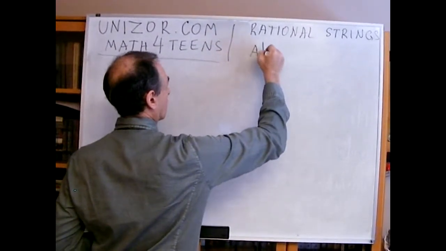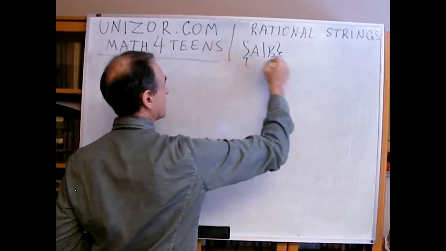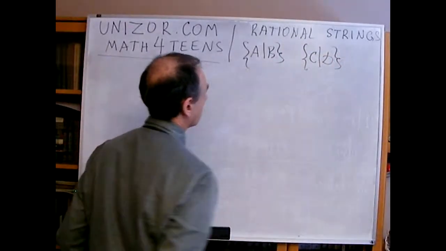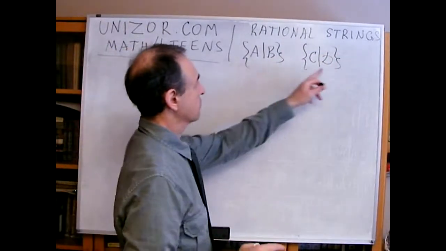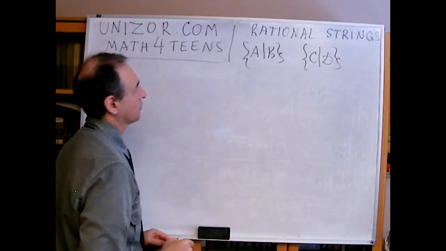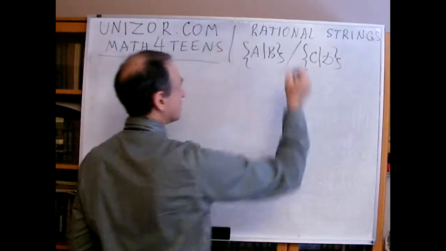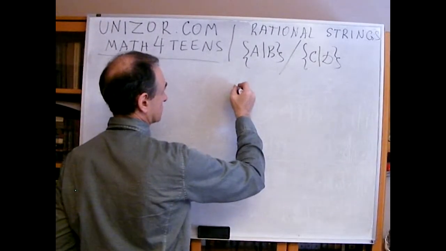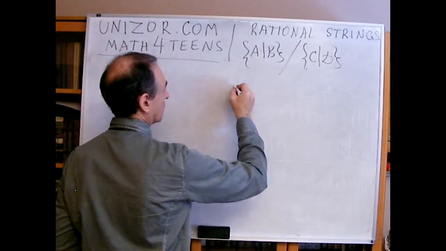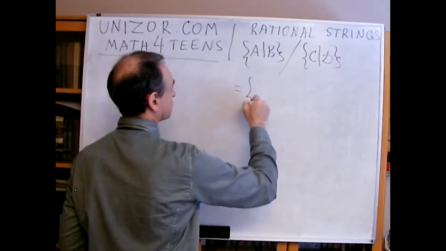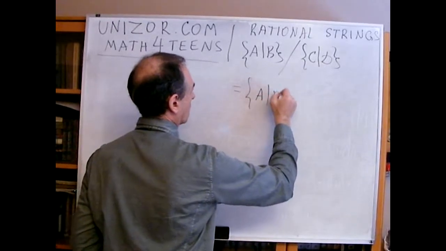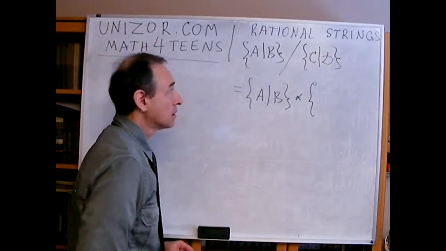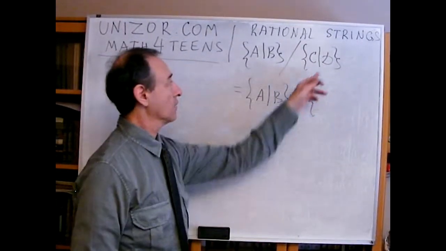If I have rational number A over B and I have another rational number C over D, and if you remember, neither B nor D are 0, then I can define operation of division between them as operation of multiplication by the reverse of this particular number.